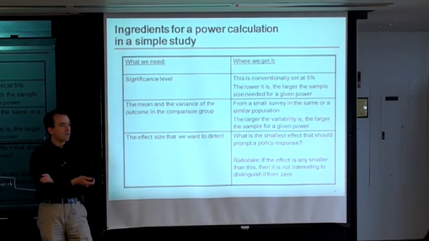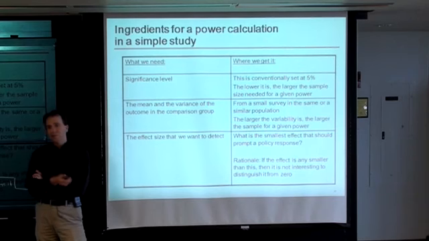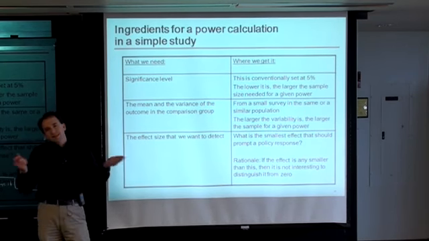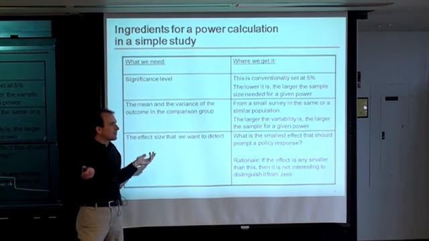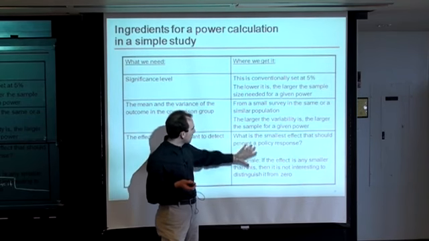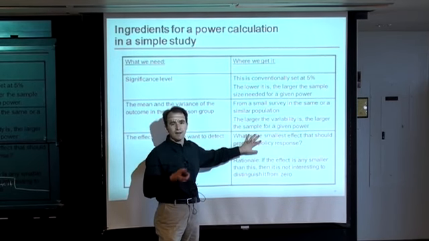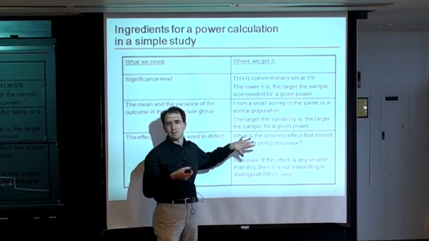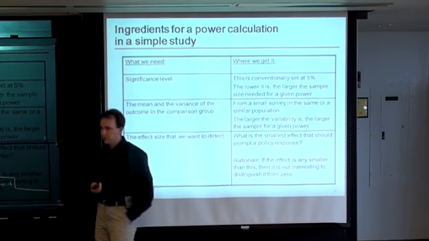Suppose that the thing had a true effect of 0.001, right? If it was that small an effect, it would not be cost effective. So say the thing has an effect of 0.001, who cares, right? So you want to be thinking about, from a policy perspective, what's the smallest effect size you would want to know in order to set your power calculations. Yeah?